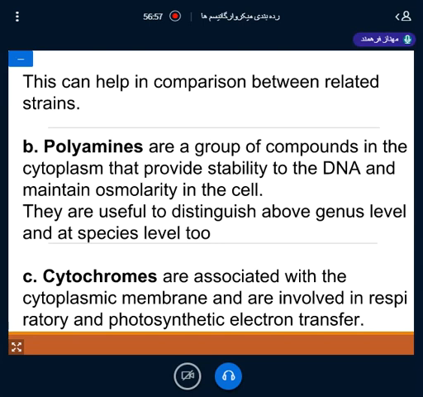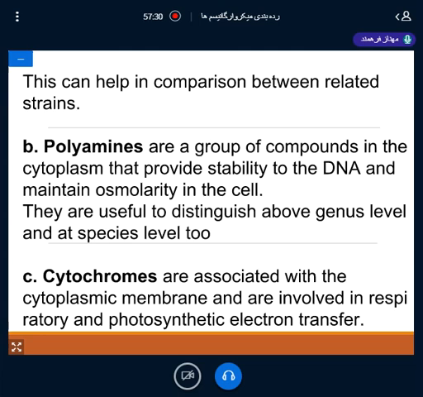The next method is polyamines, which are a group of compounds in the cytoplasm that provide stability to the DNA and maintain osmolarity in the cell.